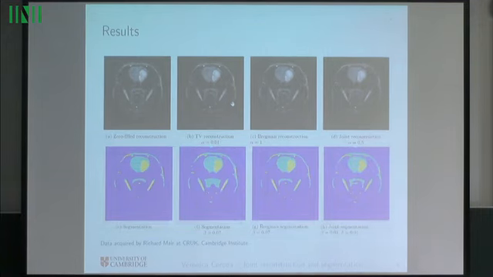These results are for real MRI data acquired at Cancer Research in Cambridge, and here you can see a slice of the head of a rat, and this part is the brain, and the brighter part is a tumor. We will take from the Fourier space 15% of the samples, and we will compare again the total variation reconstruction and the Bregman reconstruction and the segmentation with our joint approach.